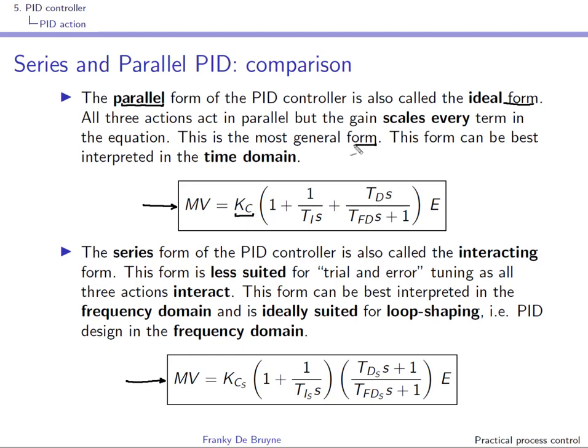This is the most general form, and this means that every PID controller in the series family can be represented by a parallel PID controller, but there are some parallel PID controllers, corresponding to some parameter sets over here, that cannot be represented by a PID controller in the series form.